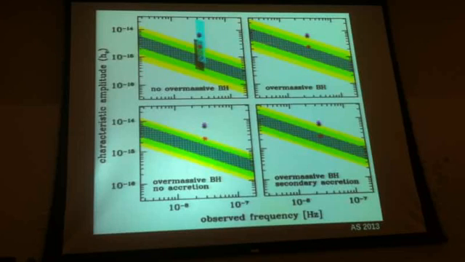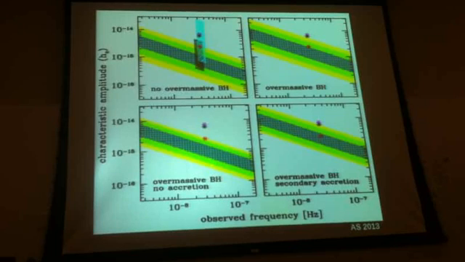These are different subsets of these models. I'm not going into the detail there, but the bottom line is that we are close, okay? So you see that the new limit starts to dig into some of this parameter space. So we are not quite yet where we expect the signal to be, but we are not too far. So it's not unlikely that in the next 5 to 10 years, we might have a detection.